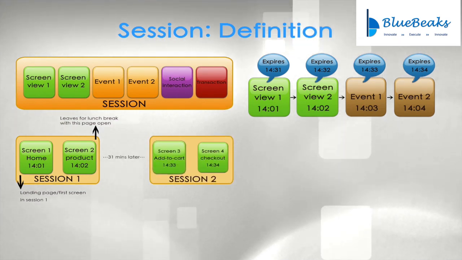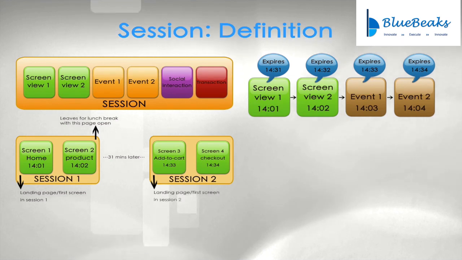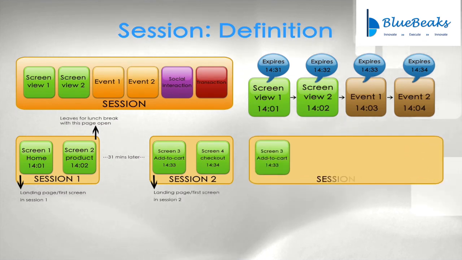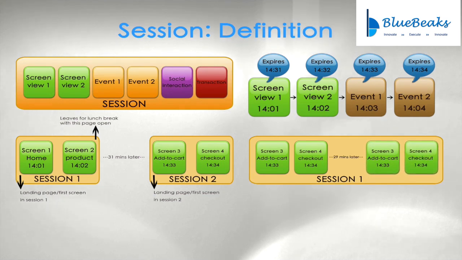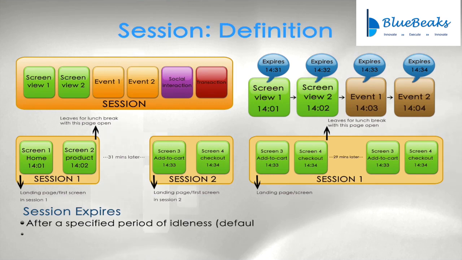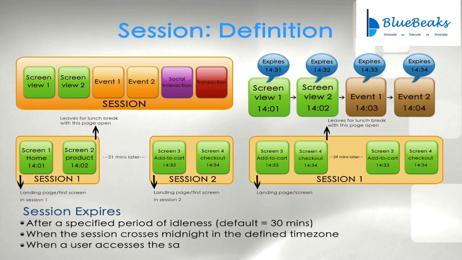For example, a user may enter a website and view one particular screen, then she may go to view another screen, and probably after that download a brochure, and after that play a video, which are considered as events.